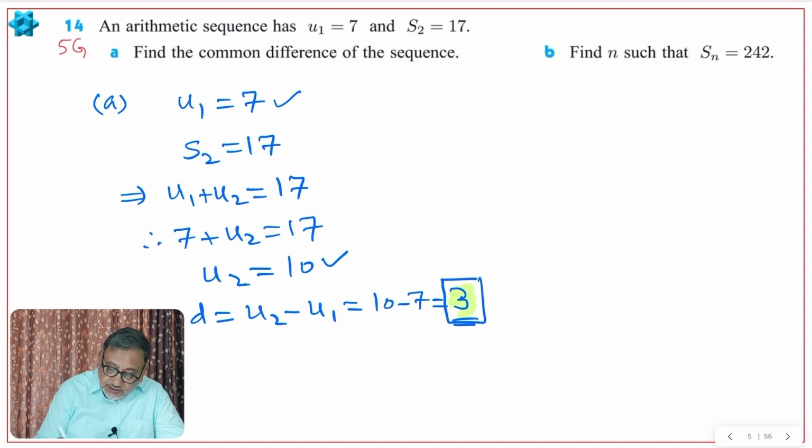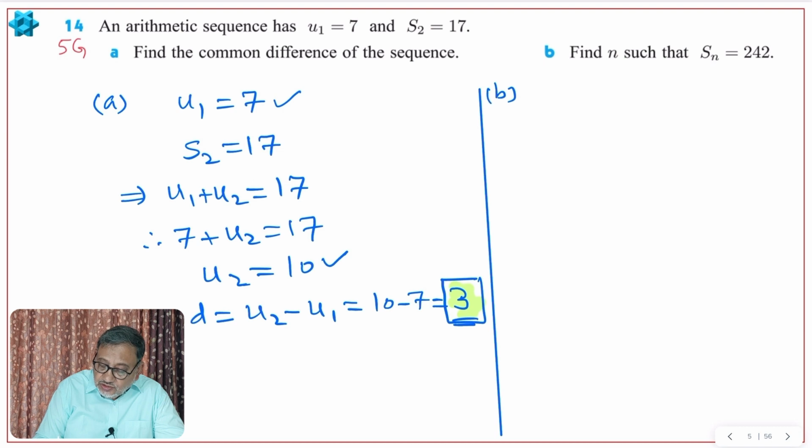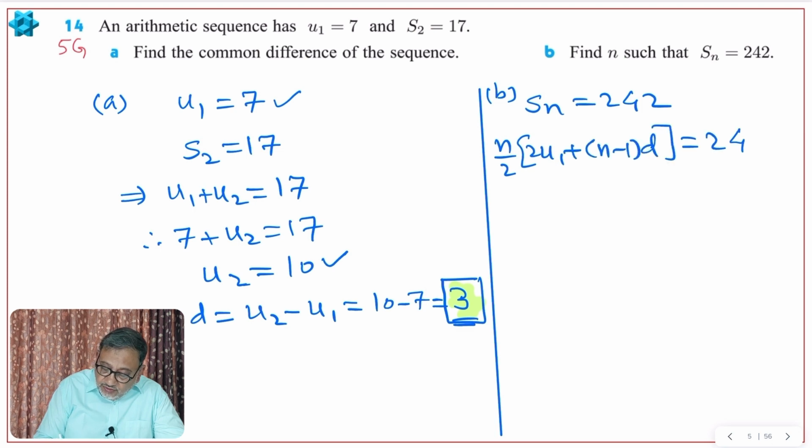Now the second part says find n such that Sn is 242. So for the B part, Sn, the sum of the first n terms, is n by 2 into 2u1 plus n minus 1 d, which gives me 242, and we have to find n.